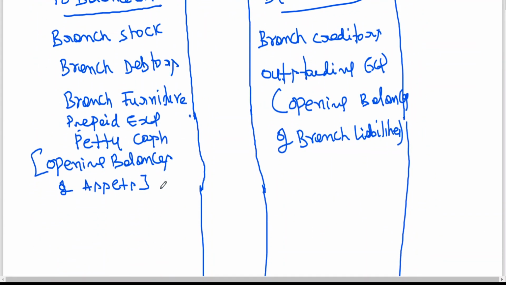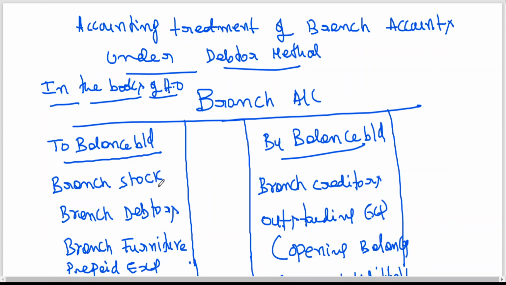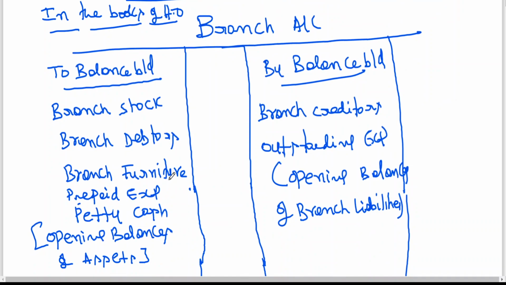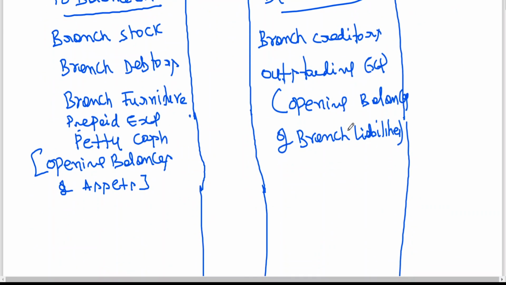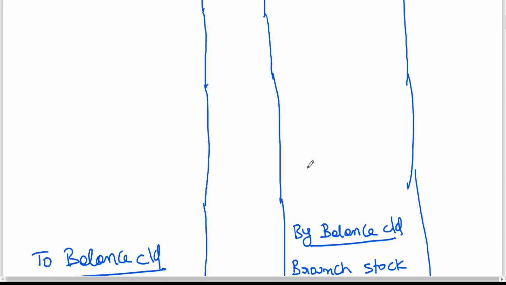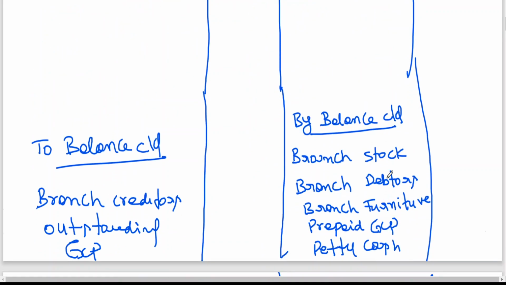So if you look at it, there are some more items. The logic is that this is opening assets minus this is closing assets. We can say assets minus liabilities is equal to capital.